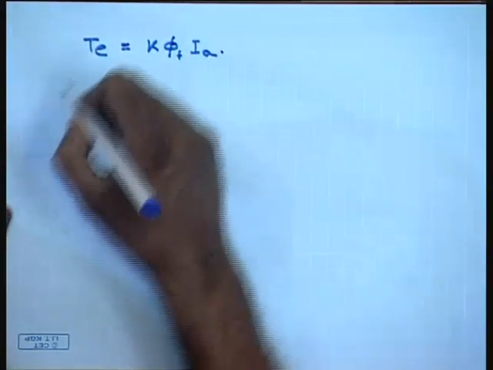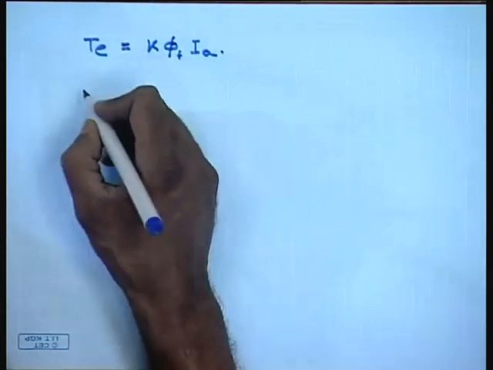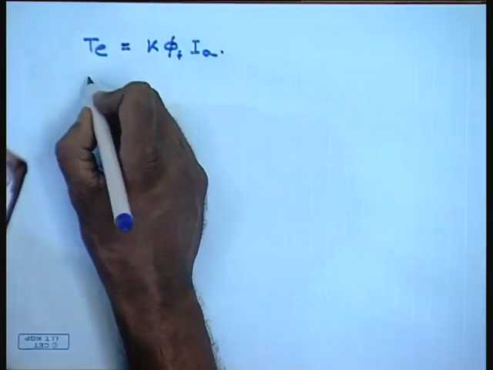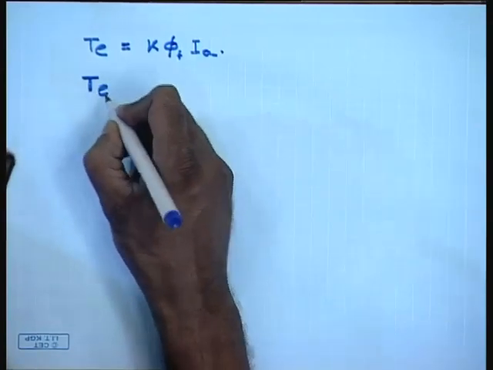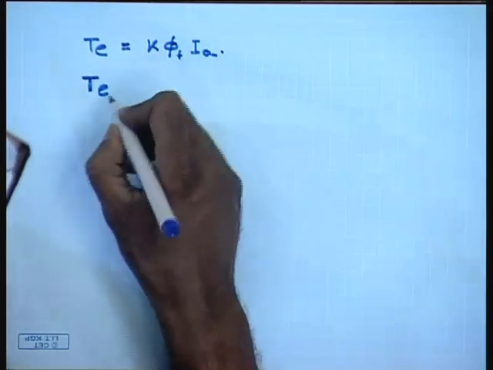The maximum torque that can be generated, irrespective of the value of phi, at any given flux, is limited by the armature current.